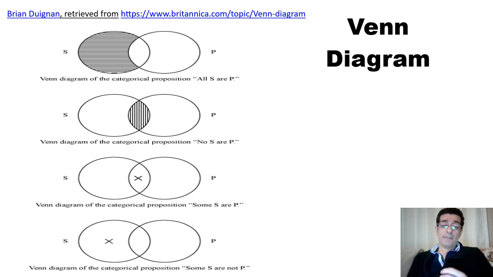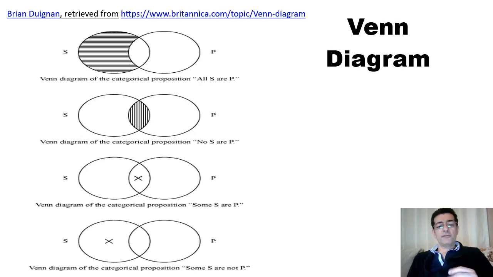There are some shaded areas, like in the first and the second ones, and some X's, which you can see in the third and the fourth. The shaded areas mean that they're empty. It means there is nothing there.